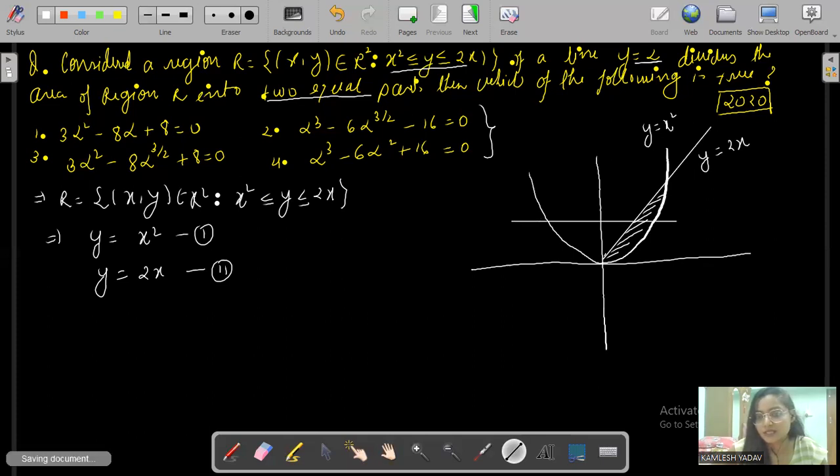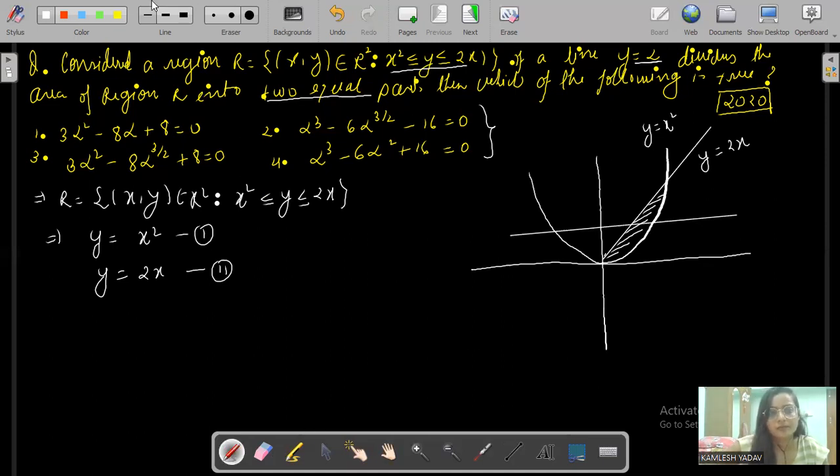It means this is y = α. It means at x = 0, y = α.